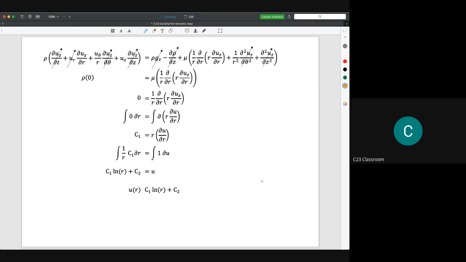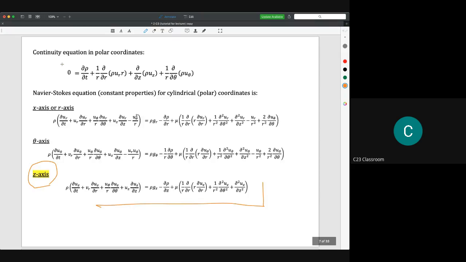Finding the easiest way means you need to make a lot of assumptions. For example, you assume that the flow is steady. That's why du_z over dt is equal to 0, and then the molecules will flow on the z-axis only.